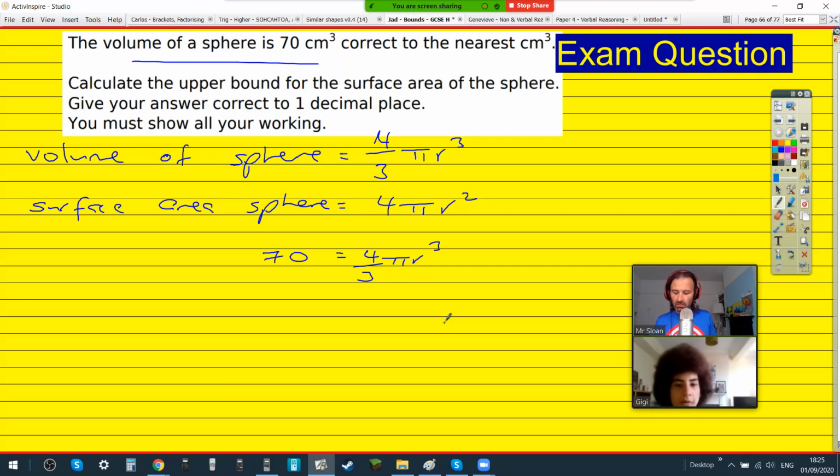What would be the upper bound of 70? So it would be 70.5. Okay. The inverse would be 4/3 divided by pi divided by radius cubed.